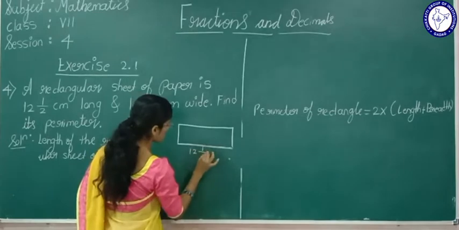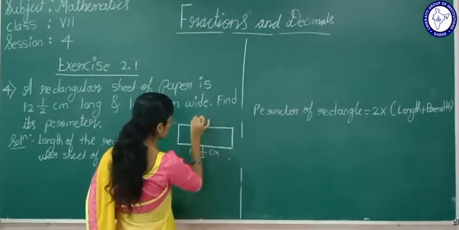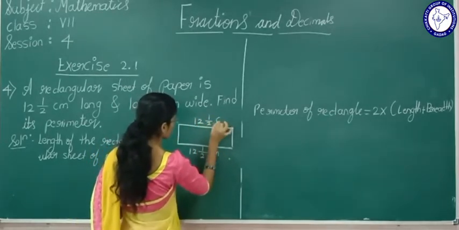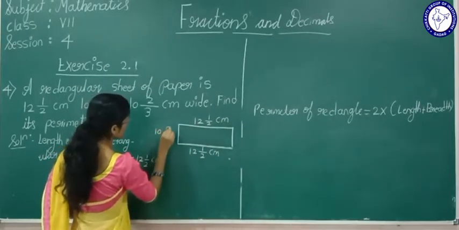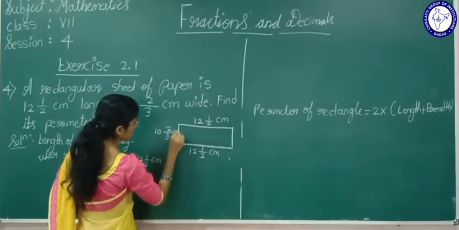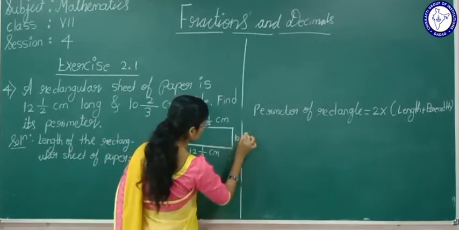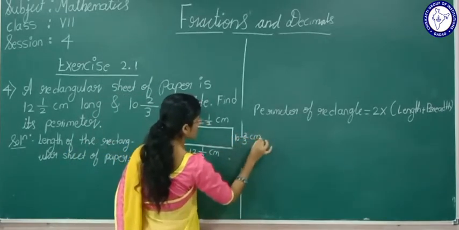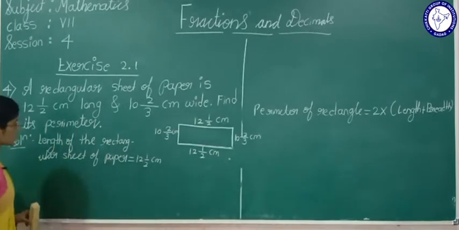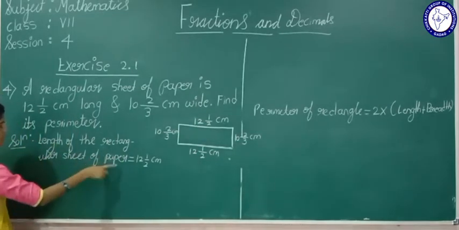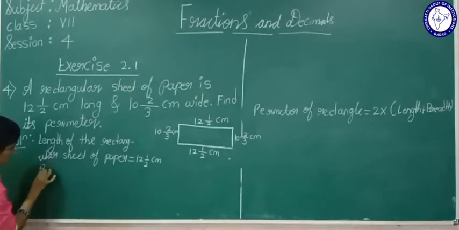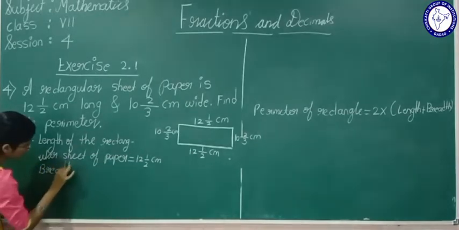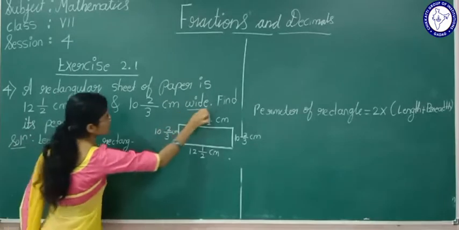Length is 12 integer 1/2 centimeter and breadth is 10 integer 2/3 centimeter. Here, wide is nothing but breadth.